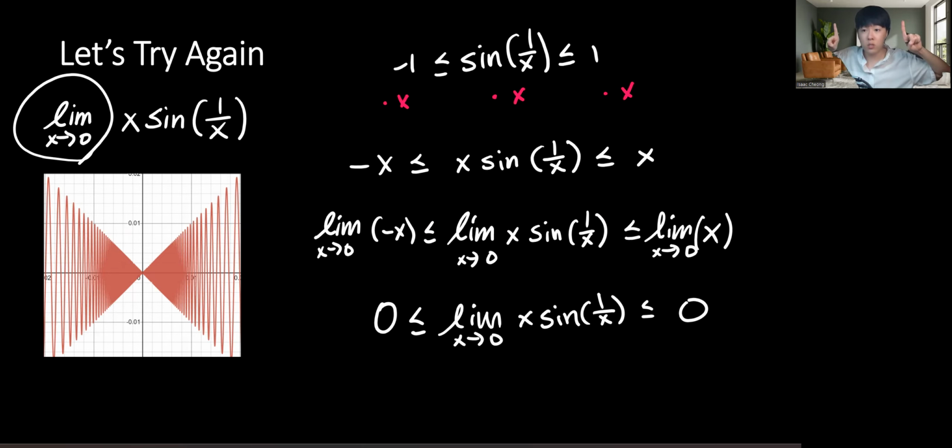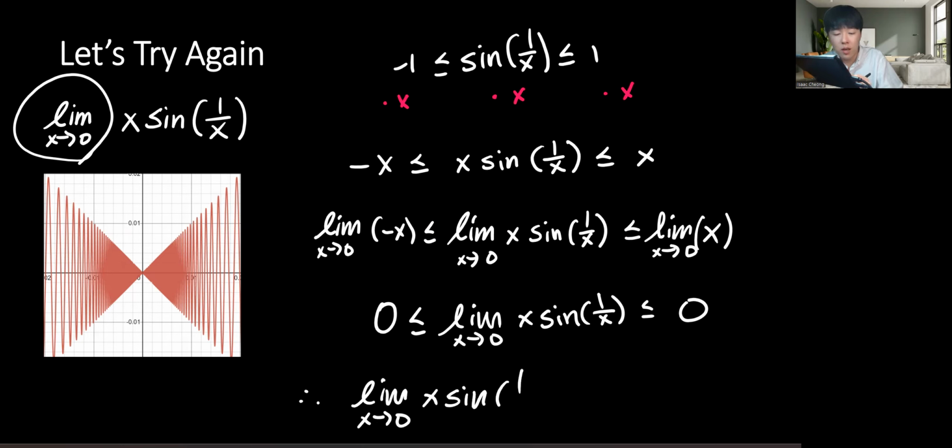Your range is very squeezed, so this one must equal 0. Therefore, the limit as x goes to 0 of x sin(1/x) must equal 0.